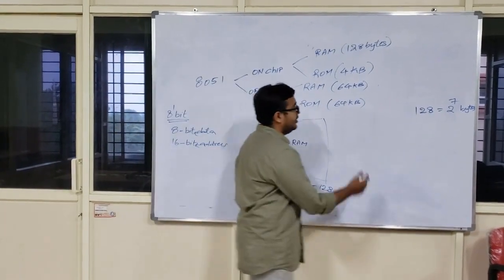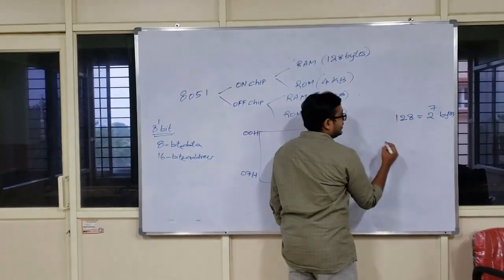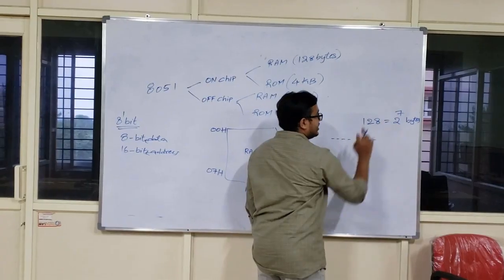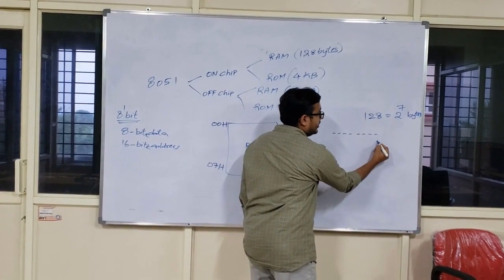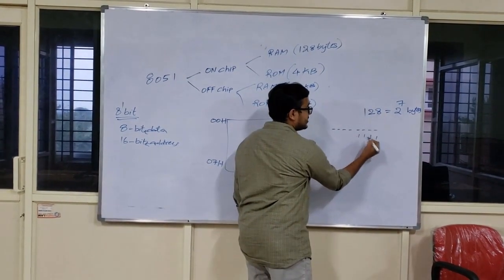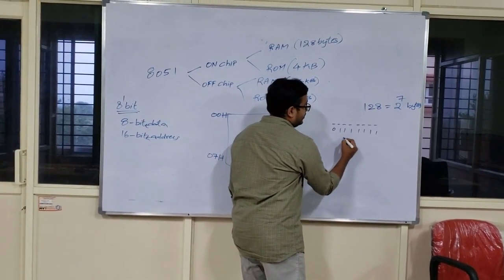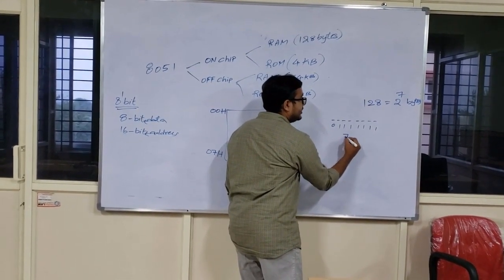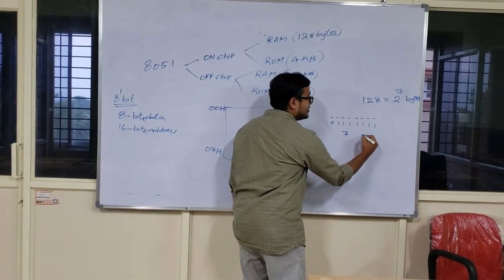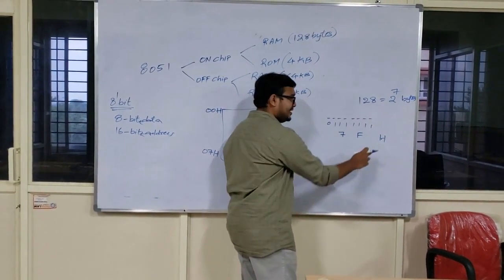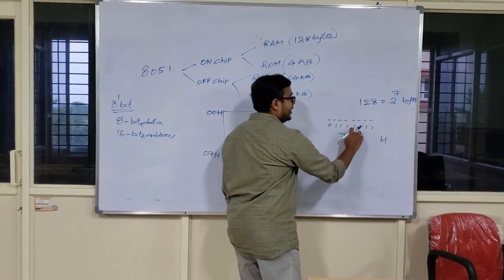So you might be asking me a question, sir, how have we got this 00H and 07H? That is the doubt. 2 power of 7 is there, so let me mark 8 dashes here. 2 power of 7 means I will write 1 seven times, marking the remaining one as 0. Now this 0111 is nothing but 7 and the four ones are nothing but F. That is 7FH, where H is nothing but hexadecimal data.